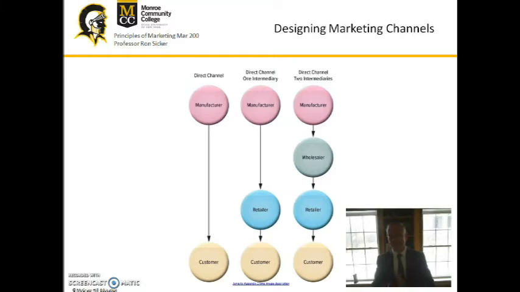Sometimes there are other products that are direct from manufacturer to customer. Sometimes books. If you go to McGraw-Hill's site, for instance, you can buy a textbook right from McGraw-Hill. They manufacture the textbook. Sometimes they distribute it, but sometimes they manufacture it. It goes right to the consumer.